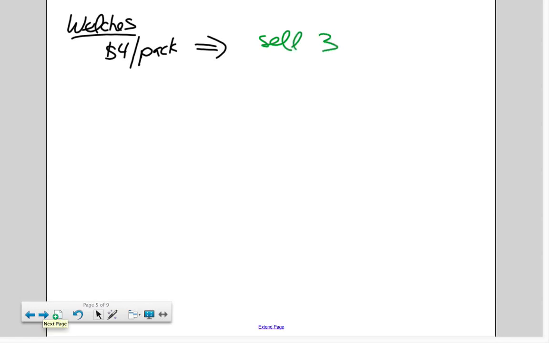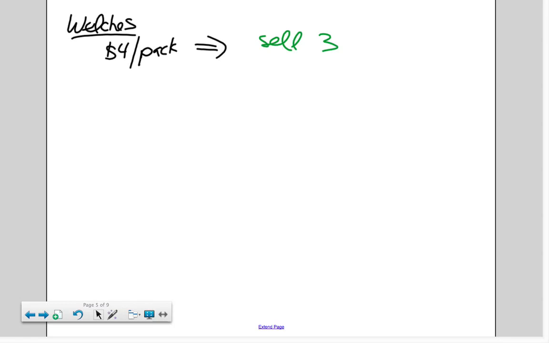Okay, so let's put down the situation. Take a blank paper, or you could use scrap. So for Welch's, for $4 a pack, I sell 3.